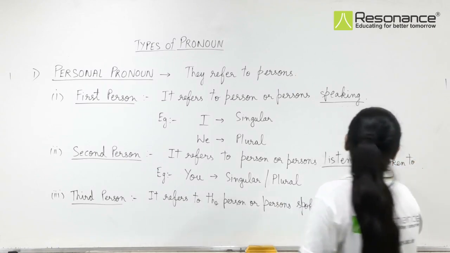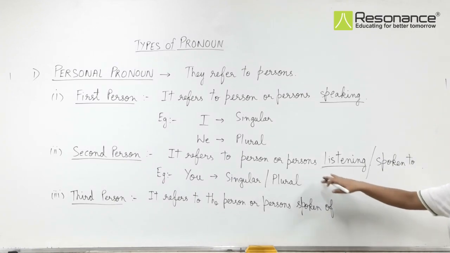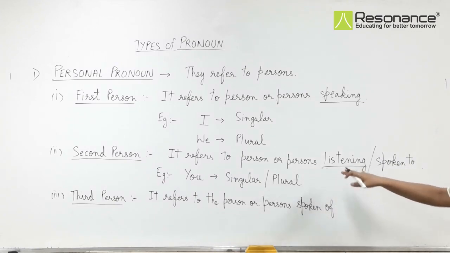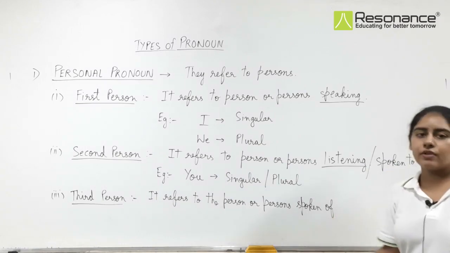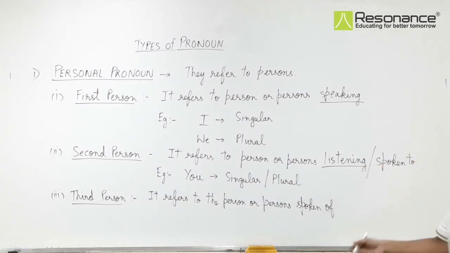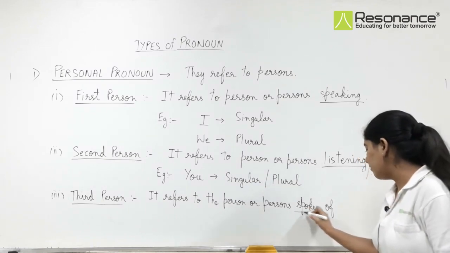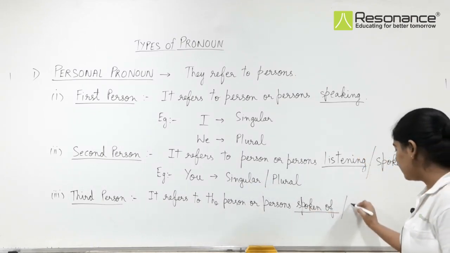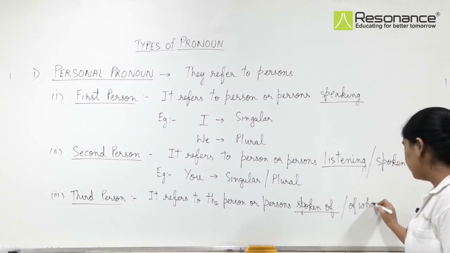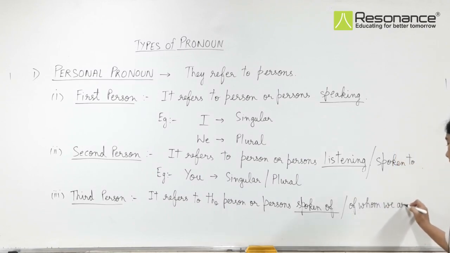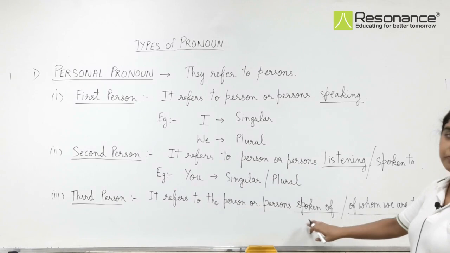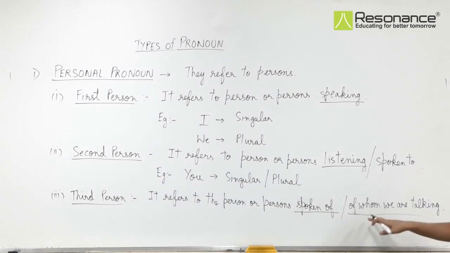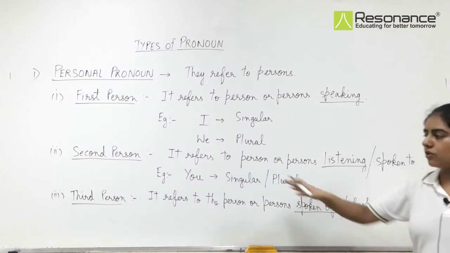Either you say second person refers to person or persons listening, or the person or persons spoken to, यानी कि जिससे हम बात कर रहे हैं. तो हम किससे बात कर रहे हैं? जो हमें सुन रहा है उससे बात कर रहे हैं. So it is one and the same thing. And here spoken of is the key word, meaning of whom we are talking. यानी कि यहाँ पर किसकी बात हो रही है? The person spoken of, यानी कि जिस इंसान की बात हो रही है, उसको हम थर्ड पर्सन बोलेंगे.